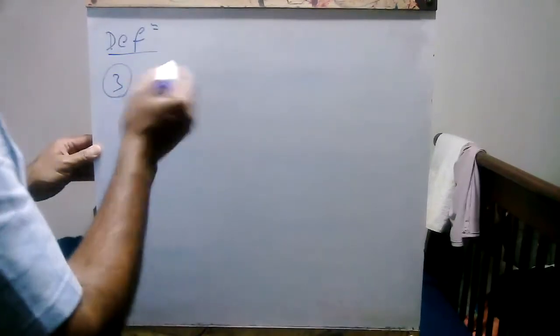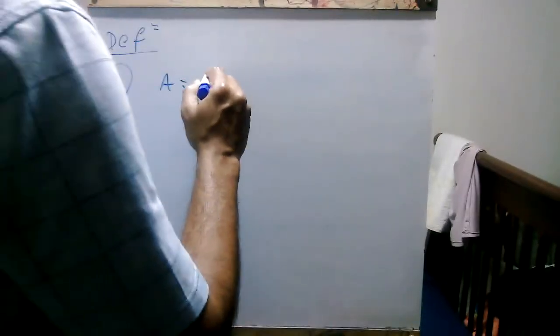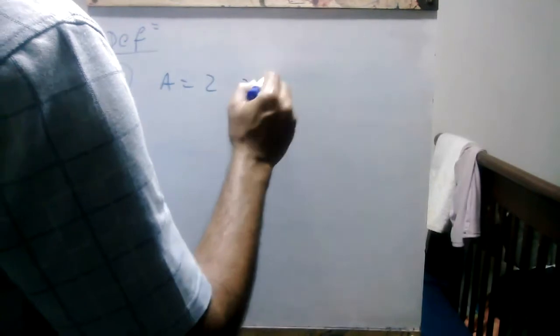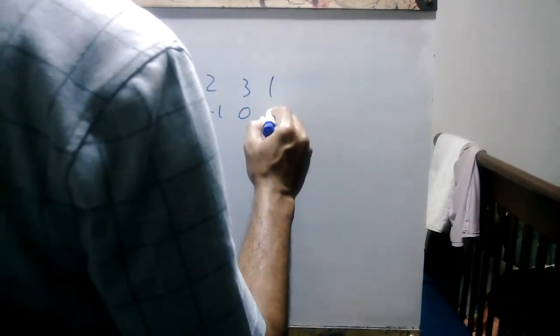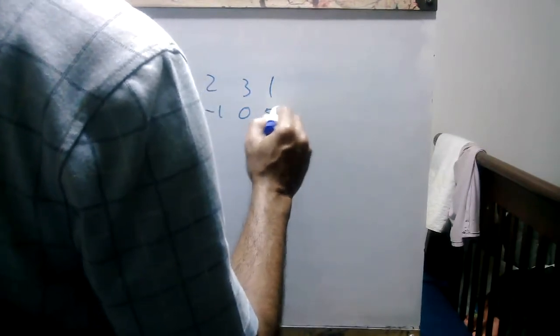Let's do an example. Say A equals 2 3 1 in the first row and -1 0 5 in the second row. B equals 4 2 0 in the first row and -2 3 -1 in the second row.